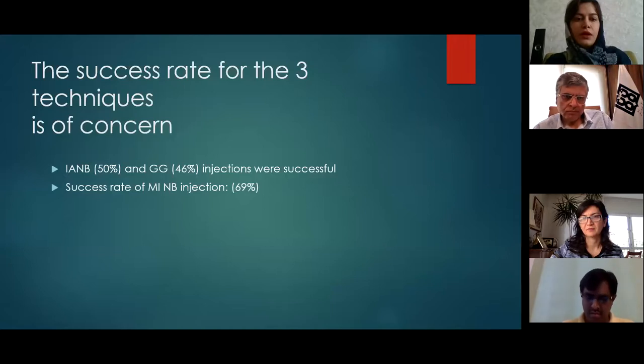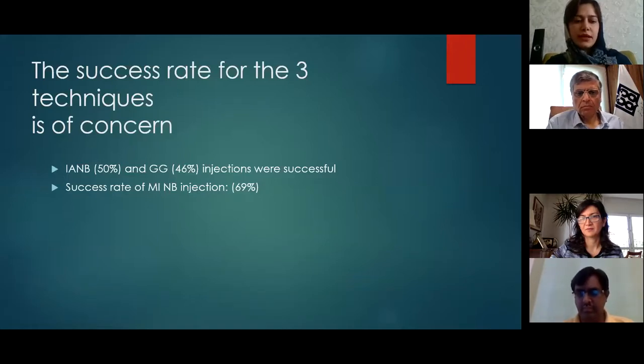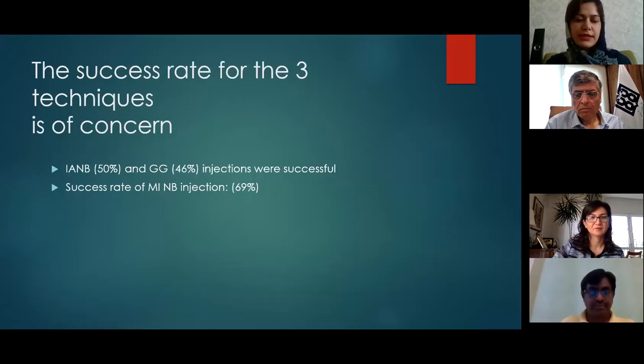The success rate for the 3 techniques is of concern because only half of the inferior alveolar nerve blocks were successful, and this rate for Gow-Gates is 46%, whereas for mental incisive nerve block injection, it is a little higher.